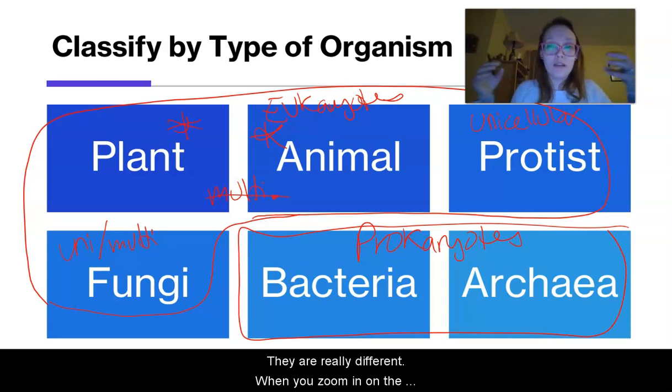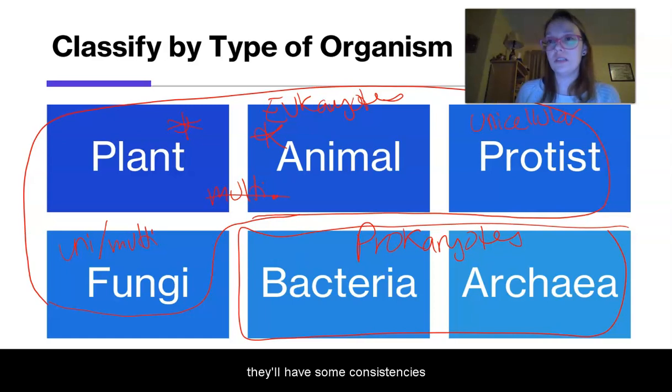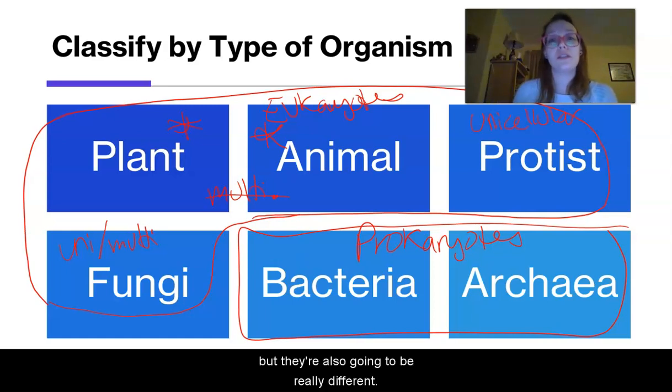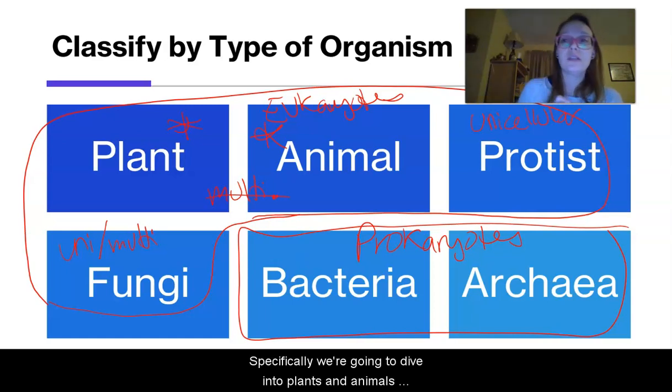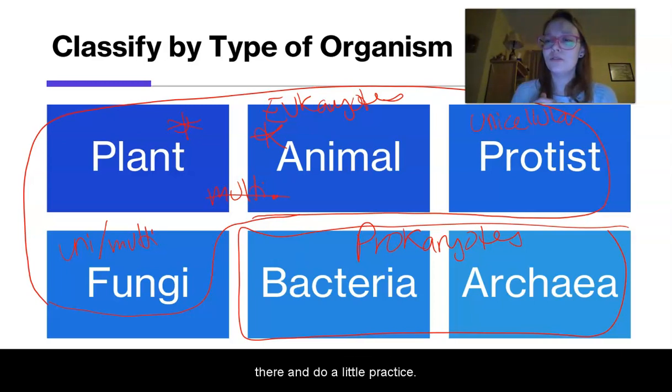When you zoom in on the cells, there are going to be some structures that are similar, but there are also going to be some structures that differ. So even within all these different categories, they'll have some consistencies, but they're also going to be really different. Specifically, we're going to dive into plants, animals, and a little bit about bacteria as we move on. So we are going to stop right there, do a little practice.